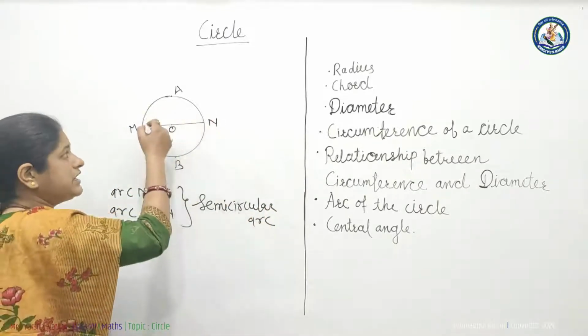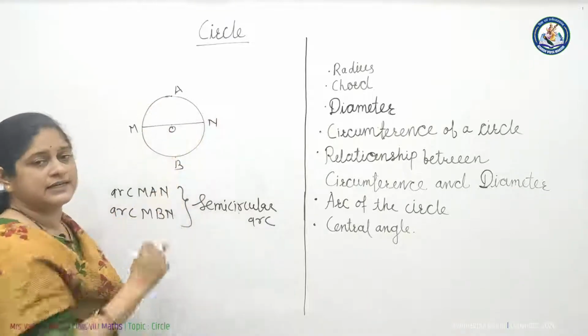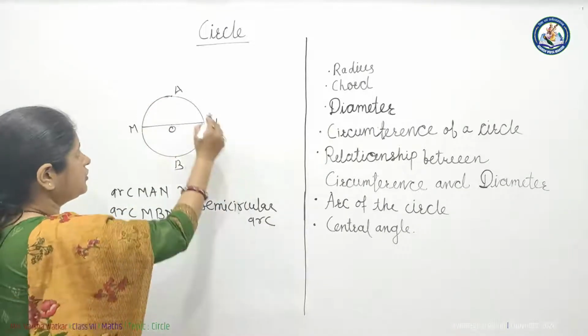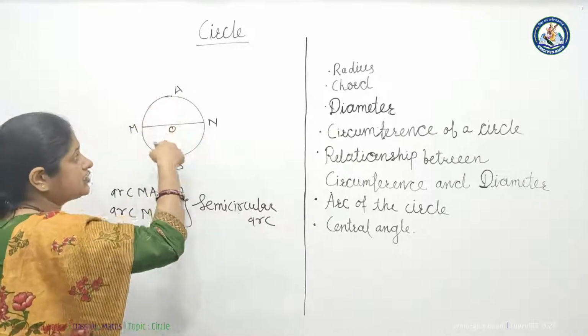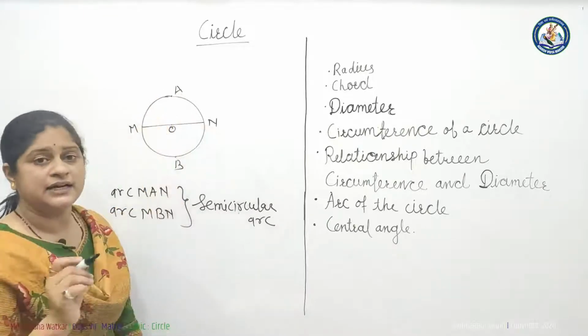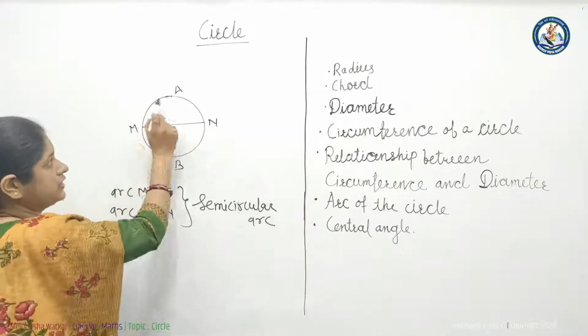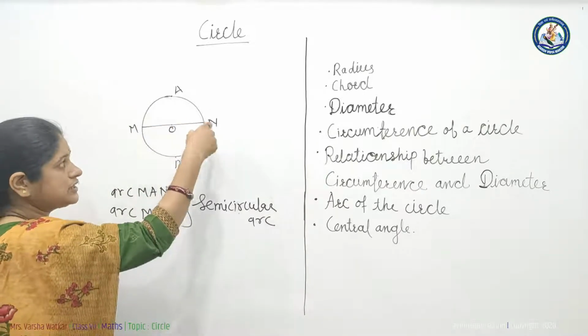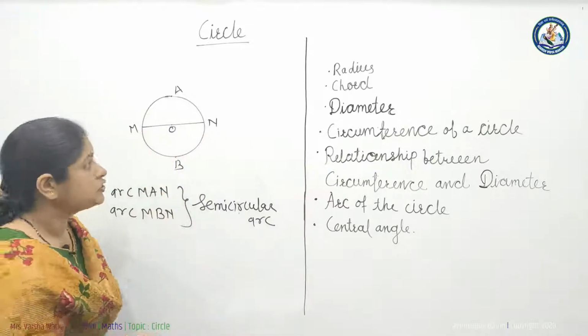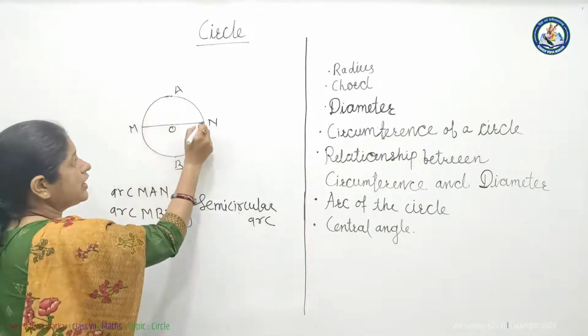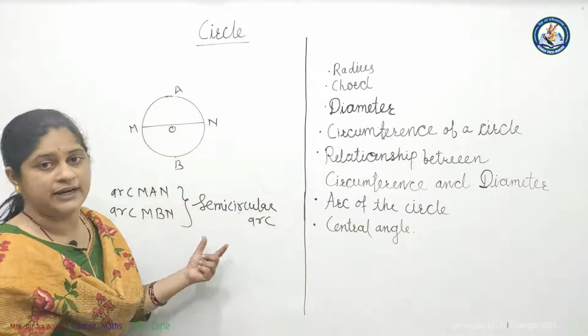Now you know the measurement of the complete circle is 360 degrees. So what will be the measurement of this semicircular arc? If the measure of the complete circle is 360 degrees, the measure of a semicircular arc is 180 degrees.